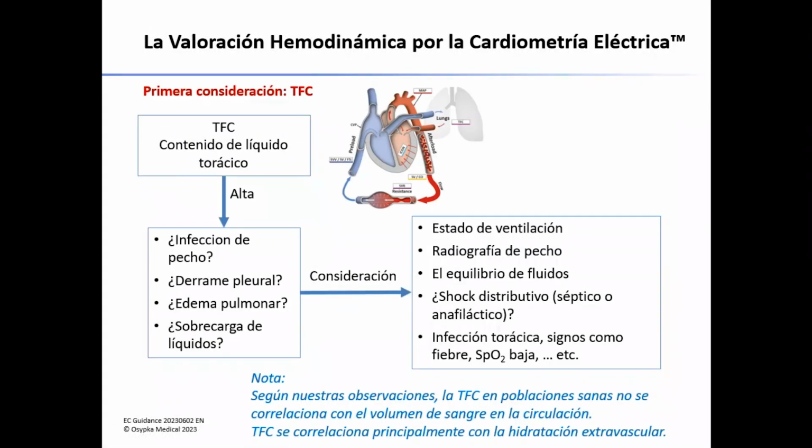The first parameter our team looks at, primera consideración, is the thoracic fluid content. So if the thoracic fluid content is normal, great. If it's high, the questions are, any infection?